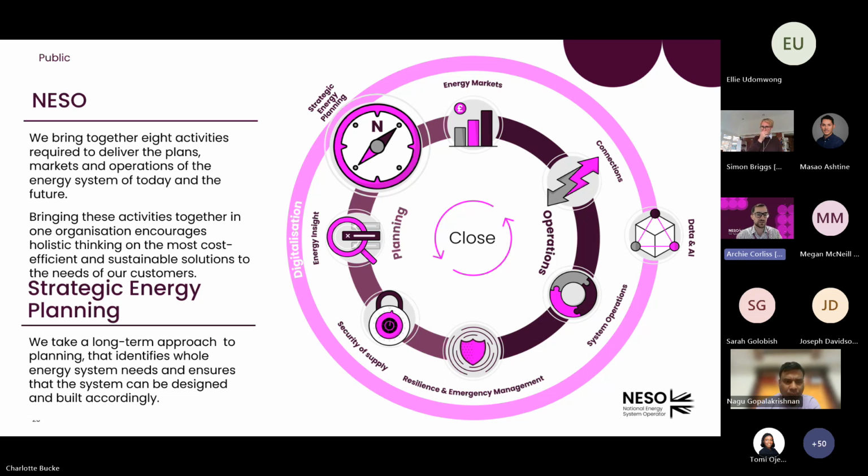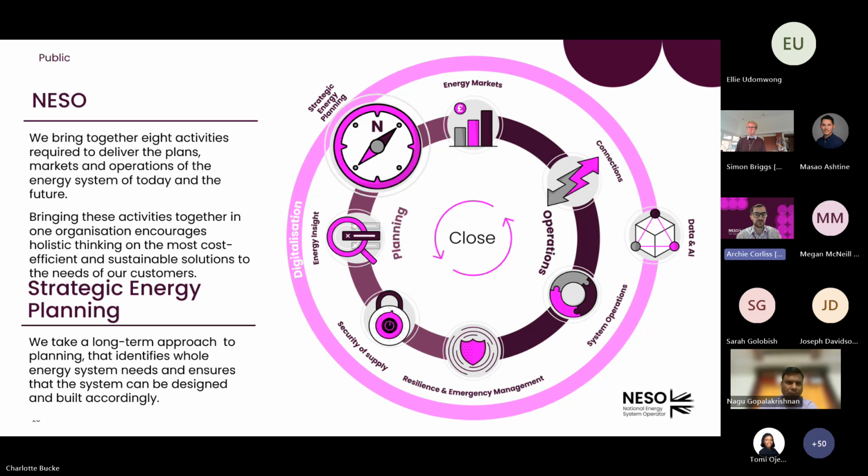But we have a range of things on an operational basis, particularly for electricity, through to the more whole energy areas across things like resilience, security of supply, markets, developing energy insights, and then strategic energy planning, which I'll focus on here, looking at how we understand what networks we are going to need into the future and what the optimal development of those networks looks like, so that we are delivering the most cost-effective outcome for the consumer across the range of energy networks that we will need in future.